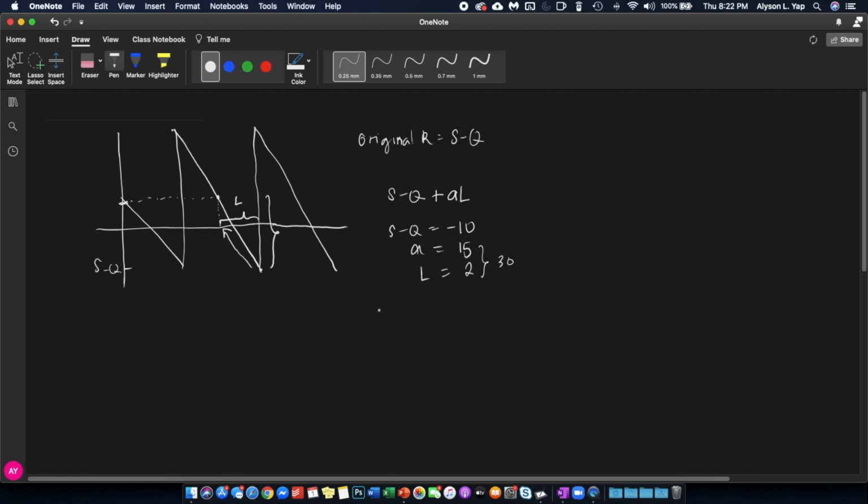So in this case, your new reorder point is equal to negative 10, that's your S minus Q, plus 30. Or in this case, you reorder already when your inventory level is at 20. Why? Because at inventory level 20, at a rate of 15 units per week, it will take you 2 weeks before this becomes negative 10.